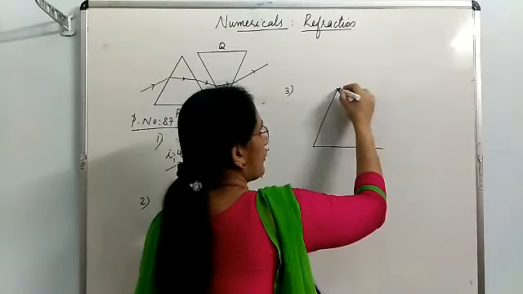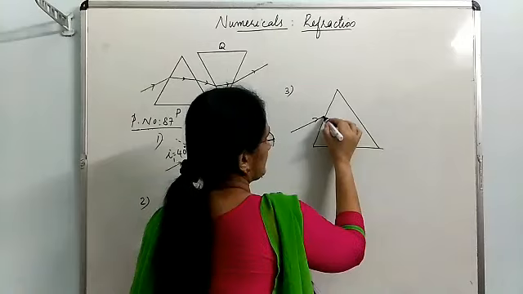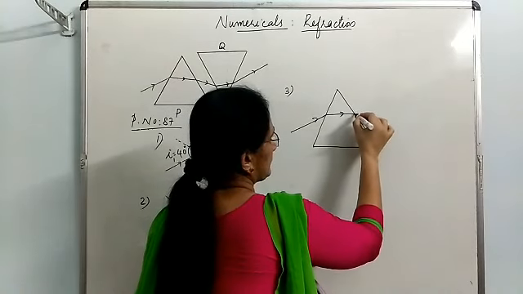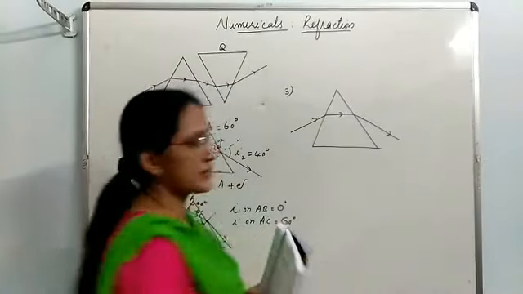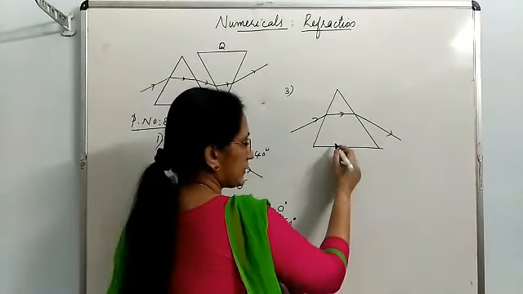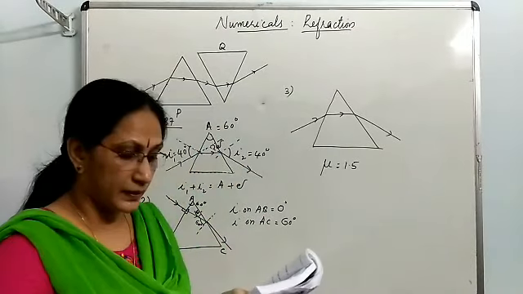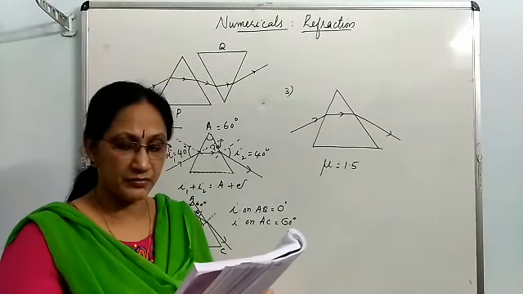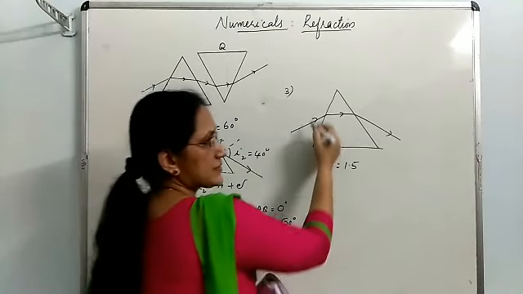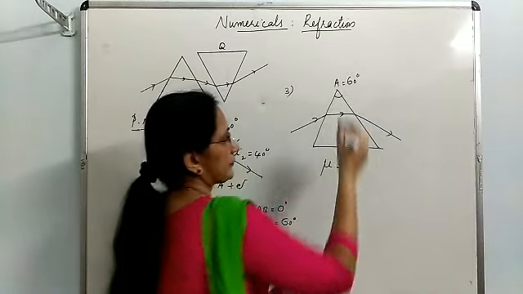Diagram of minimum deviation position. This is how the light ray passes, and this prism, its refractive index is given 1.5. Suppose minimum angle of deviation, and since it is an equilateral prism, this angle A is 60 degree.